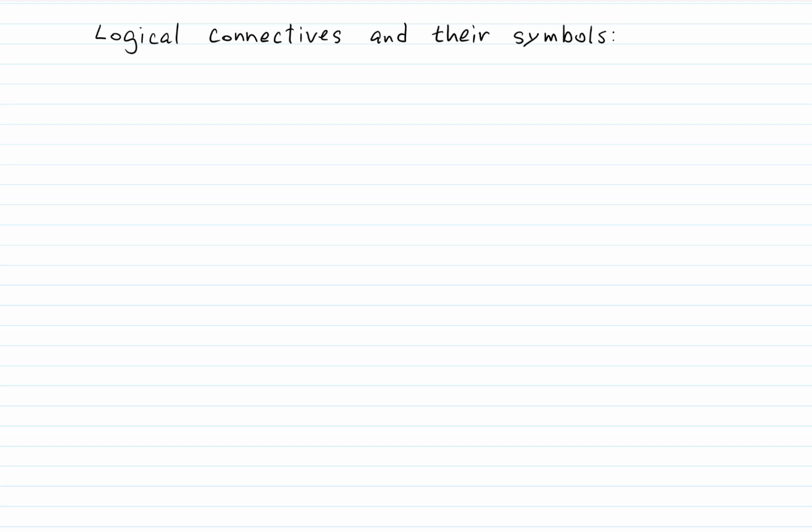So the first one to do is called negation. Here I'm going to do this sort of like a chart. I'm going to write the name, and then I'm going to write the word you should think of, or maybe I'll call it the corresponding word.